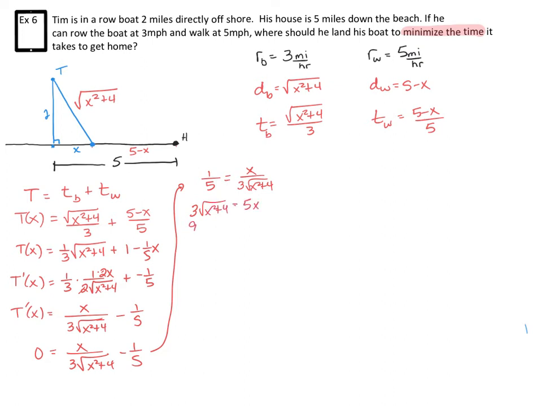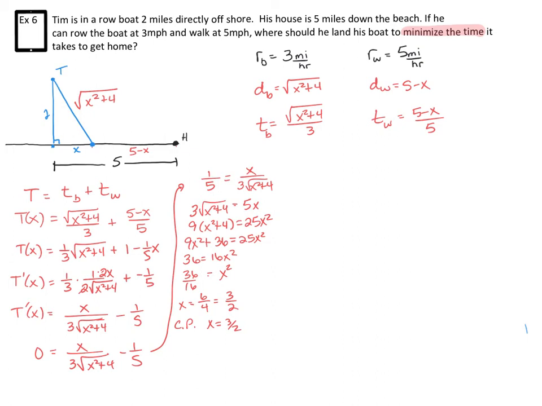Square both sides. 9 times (x squared plus 4) equals 25x squared. 9x squared plus 36 equals 25x squared. 36 equals 16x squared. x squared equals 36 over 16. And x will equal the square root of that, which is 6/4, or 3/2. So my critical point is x equals 3/2.